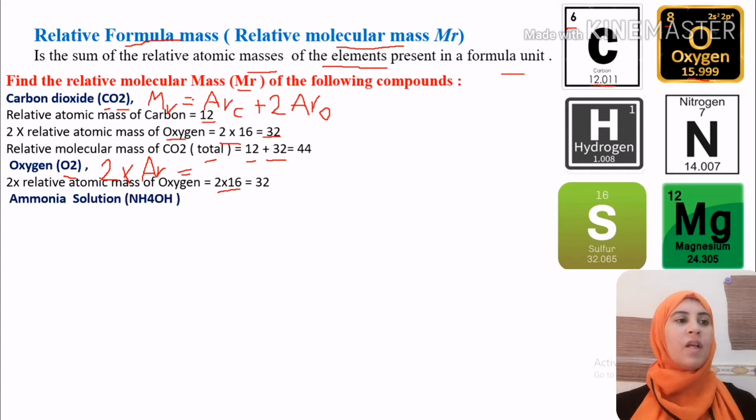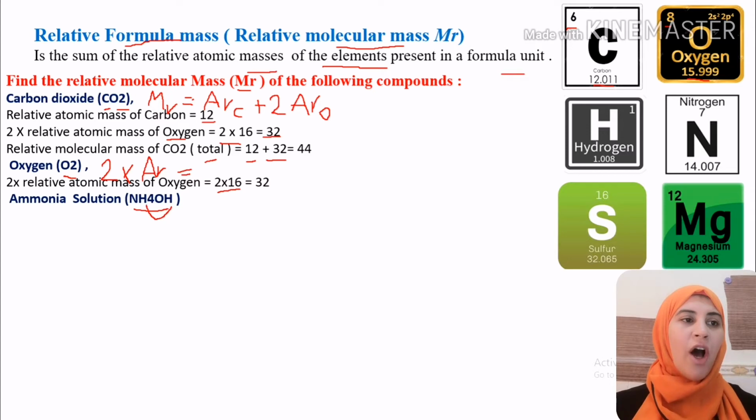Next one, ammonia solution. You must know the symbol of your compound. Ammonia solution is NH4OH. We studied ammonia solution in acids and bases. Okay? So we have 1 nitrogen atom. We have 4 plus 1, so 5 hydrogen atoms. And we have 1 oxygen atom.